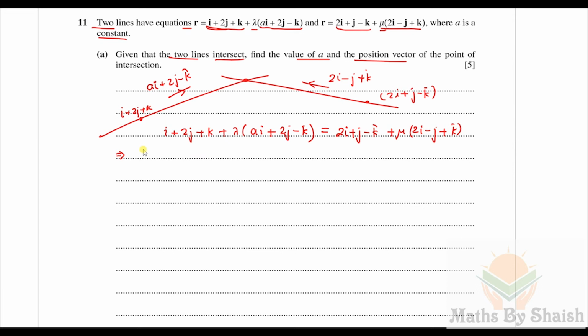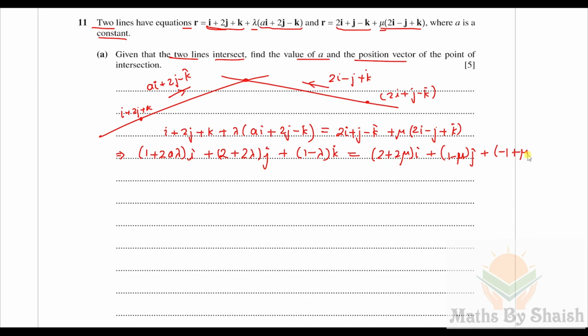So it becomes (1 plus 2a lambda) i cap, because we multiply by lambda, plus 2 lambda j cap, plus (1 minus lambda) k cap. The right hand side would be (2 plus 2 mu) i cap plus (1 minus mu) j cap, and the last one (minus 1 plus mu) k cap.